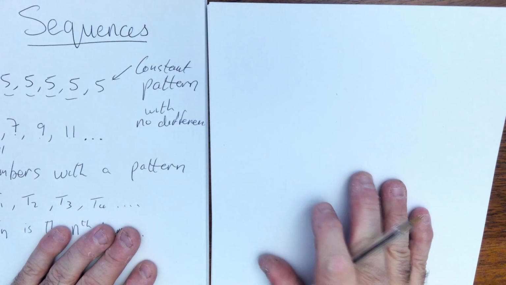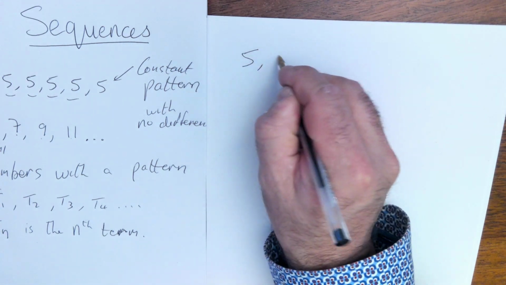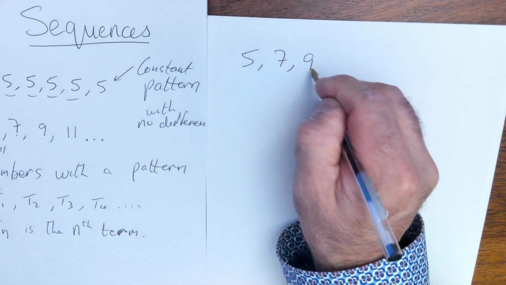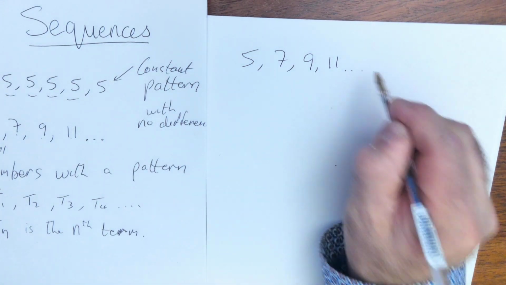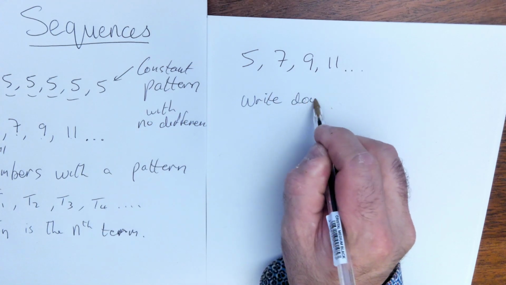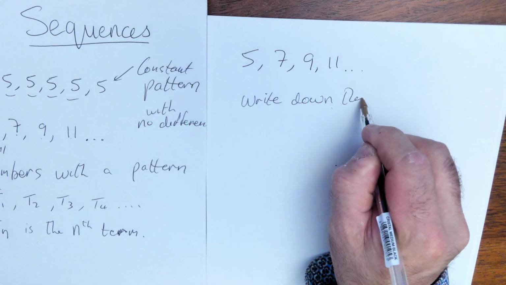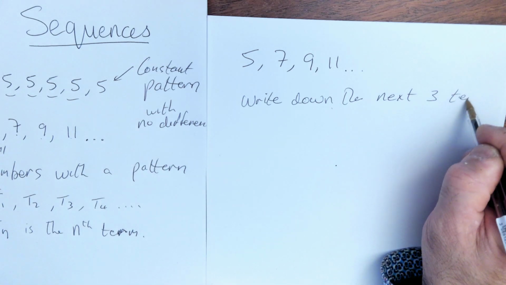Example sequence: 5, 7, 9, and 11. A very common question is: write down the next, normally 3 terms, the next 3 terms.